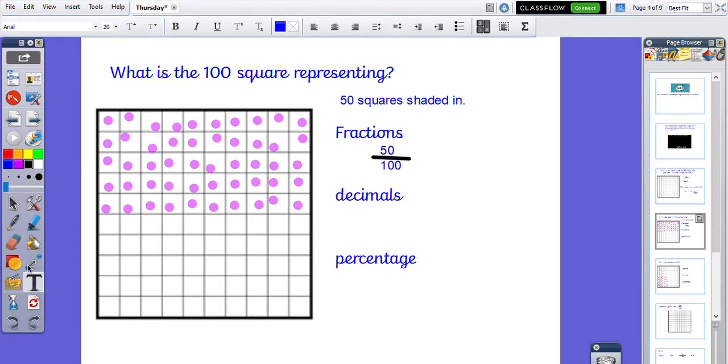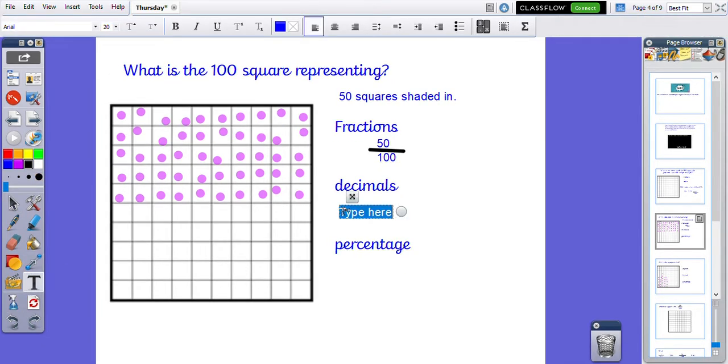Then with my decimals, I know that means I have got 0.50. So if you wanted to take that number and put it after your decimal place, that's fine. Remember, you can have 0.50 or you could have 0.5. And then your percentage. You know that 50 squares are shaded in, and 50 is a half of 100, and a half as a percentage is 50%.